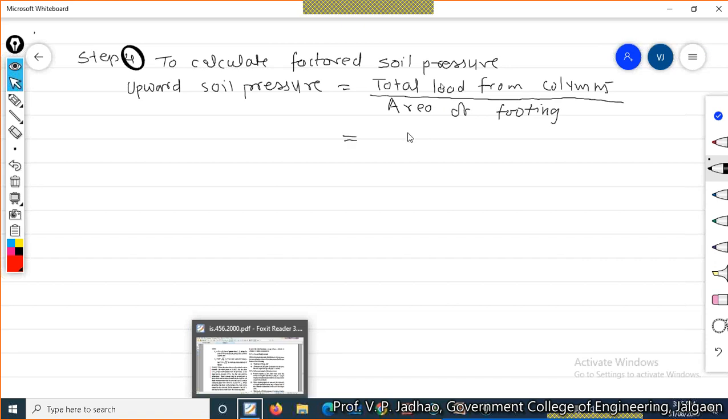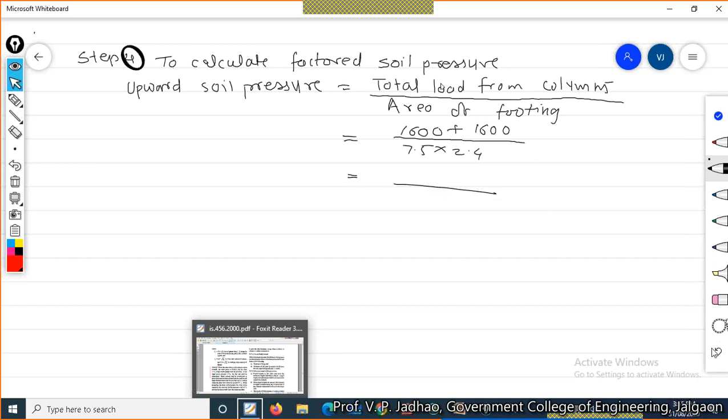This is the formula. We have total load from the columns as 1600 from one column plus 1600 from another column, divided by the area of footing, which is 7.5 multiplied by 2.4 meter, or you can directly take the value 18.